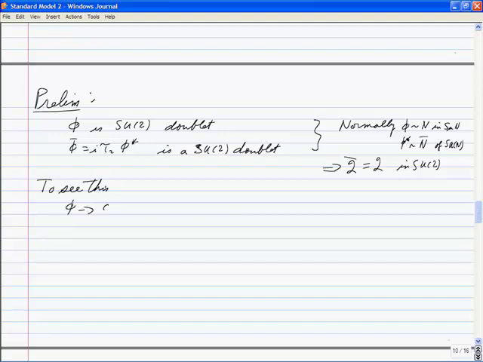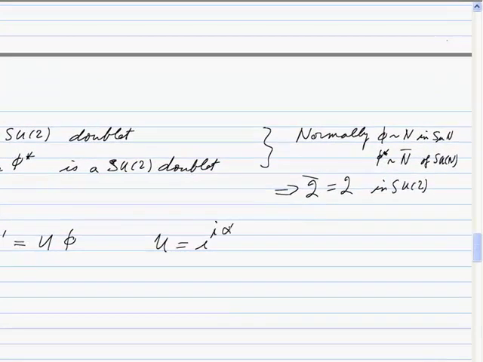we want phi goes to phi prime, which is u phi, and u is e to the i alpha dot tau. Then phi bar will go to phi bar prime, which is i tau 2 u phi star.